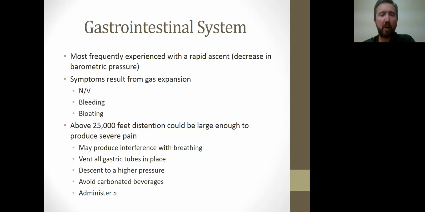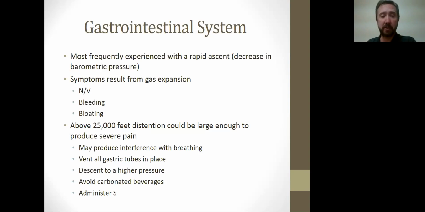So we want to make sure that we're communicating to our pilot very effectively. In the case of rapid ascents, just normal rapid ascents, this can quickly cause Boyle's law to take place, causing some pain, some discomfort, or maybe even hemodynamic compromise. Okay, so we want to make sure that we're communicating to our pilot that we want gradual ascents with these types of conditions. Make sure that all gastric tubes are in place and vented.